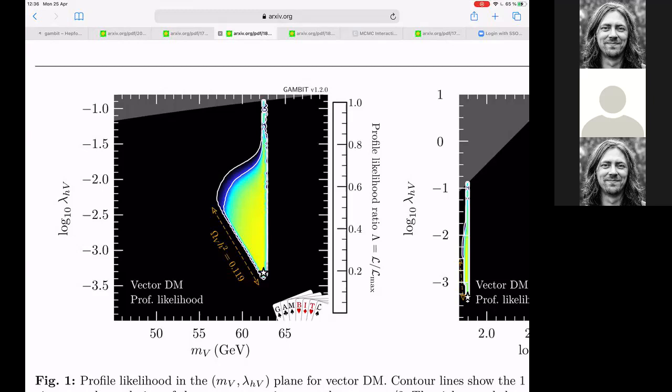But so this is our profile likelihood result, and the contours here are approximate frequentist 68% and 95% confidence regions. And notice this vertical strip at the top there, right?